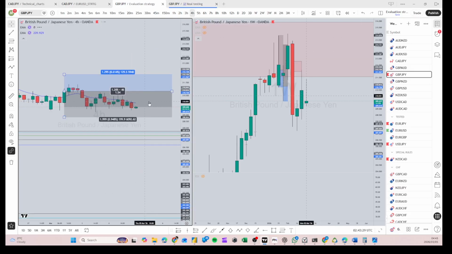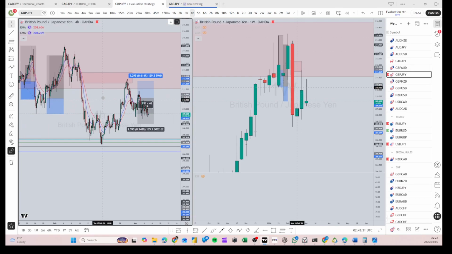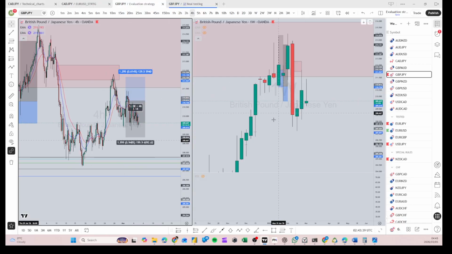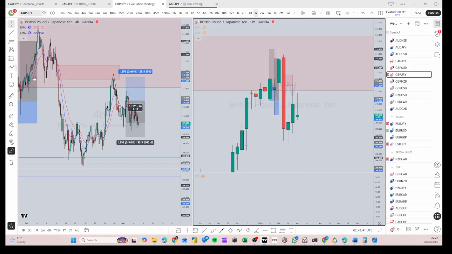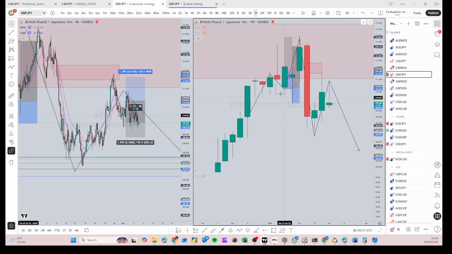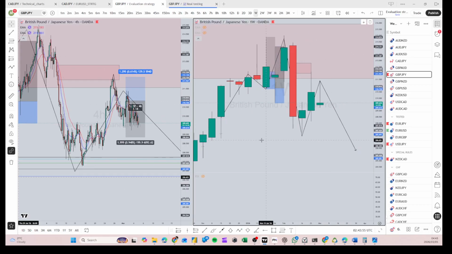If I go on to the 4-hour, this was the level that I highlighted, that from this level I would have liked to see a retracement, because on the weekly we are now in a downtrend. So what I'm expecting is a continuation to the downside. This is pretty much the play right here on the Japanese yen.